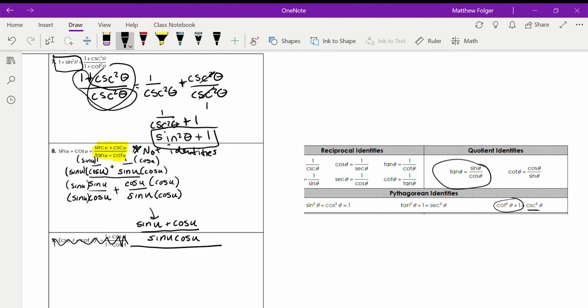Now, sine u times sine u is sine squared u plus cos squared u, all over sine u cos u. Now remember, in a fraction within a fraction, if the denominators are the same, you keep the top, change it to multiplication, and flip the bottom.